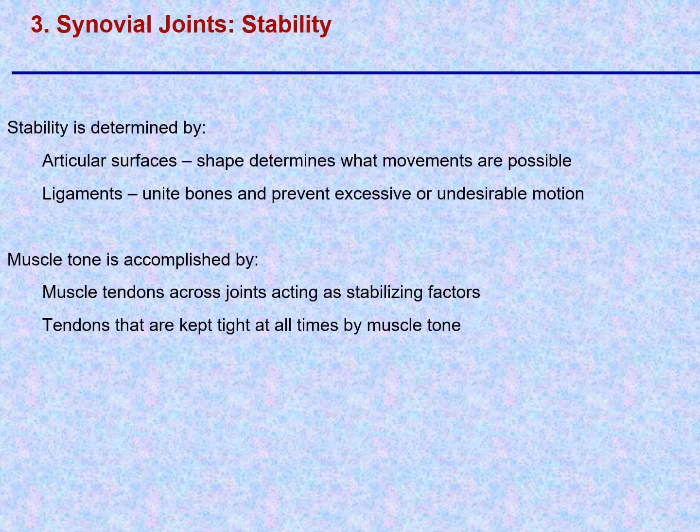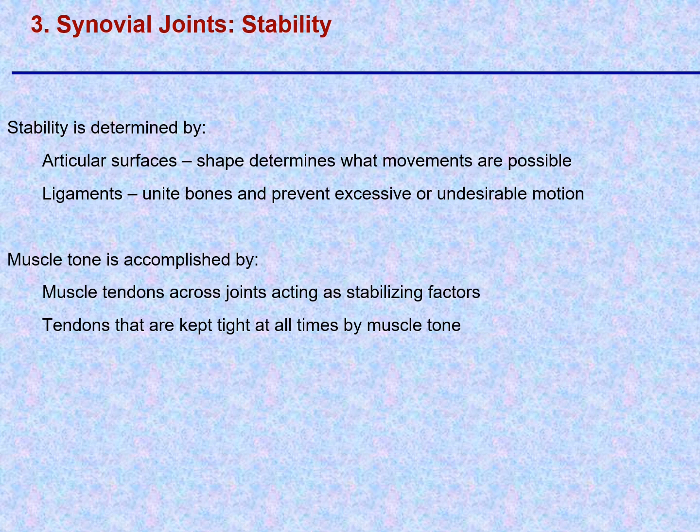Well, the synovial joints offer a certain amount of stability, and the articular surfaces within the joint, the shape of them, determines what movements are possible. The ligaments hold the bones together, they connect the bones, and the ligaments are structures that really prevent excess movement in an undesired direction.